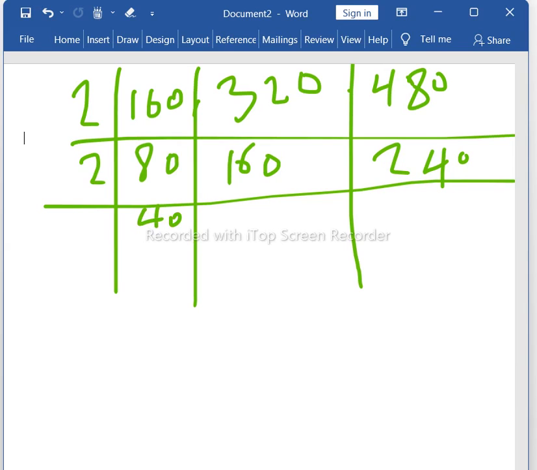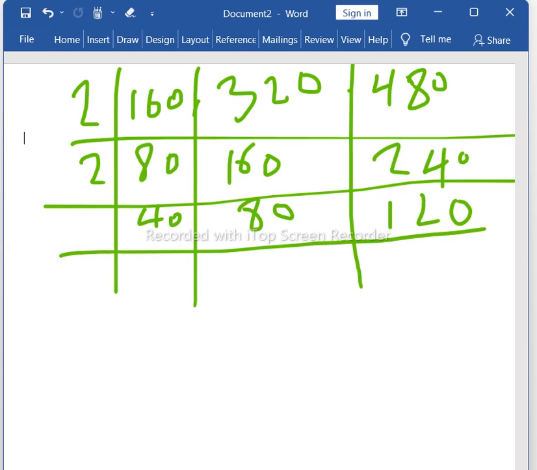Again, this divided by 2, we get 80. 240 divided by 2, we get 120. Again, these 3 numbers are divisible by 2. We continue dividing by 2. Again, 40 divided by 2.